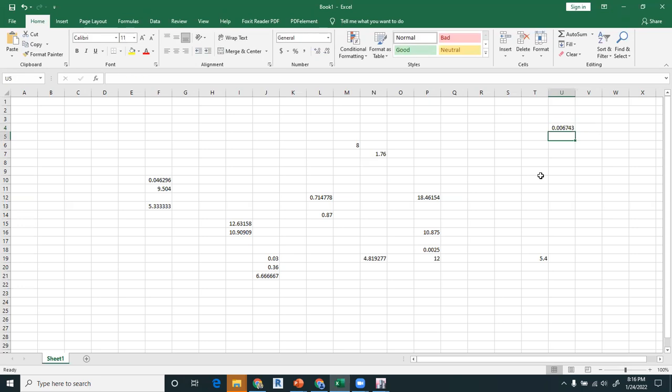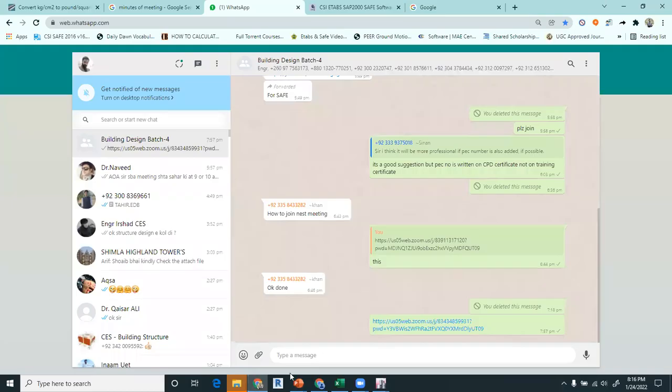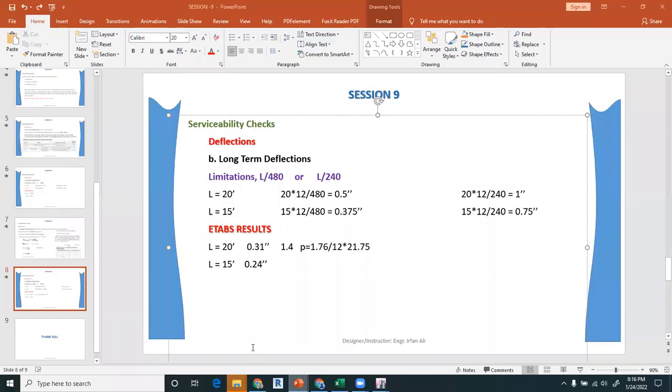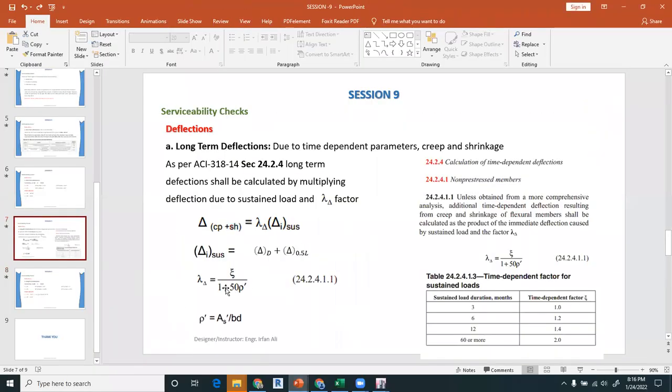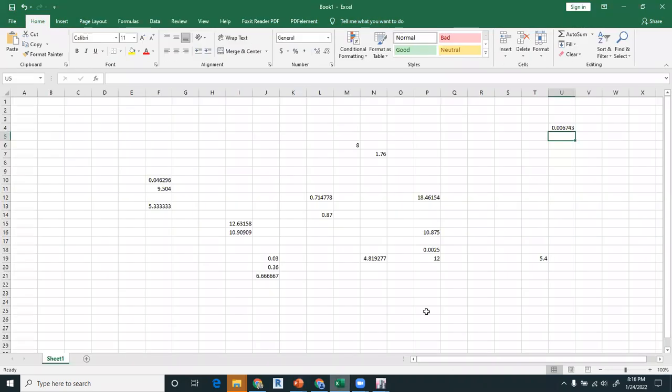That is 0.006, right? And we have this value, 1 plus 50 into rho dash. This is actually rho; you can also call it p, whatever.